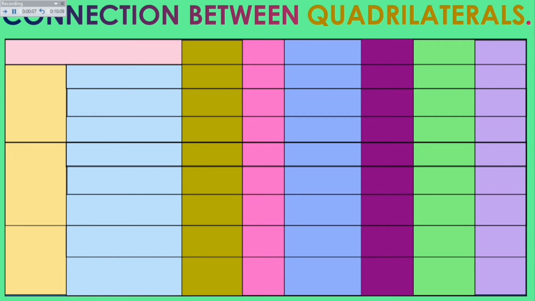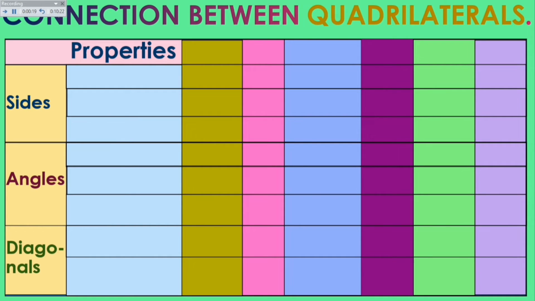Here we have properties. You should have noticed that these properties can be grouped into three, which are the sides, the angles, and the diagonals. For the sides, we stated that they are all equal, the opposite sides are equal, or the opposite sides are parallel.